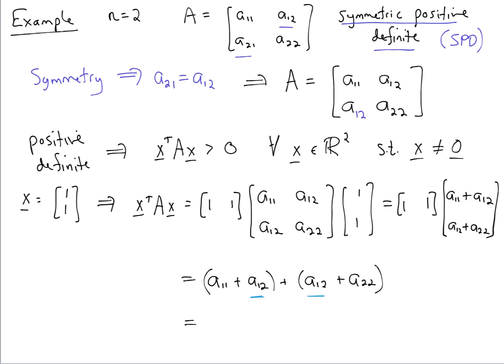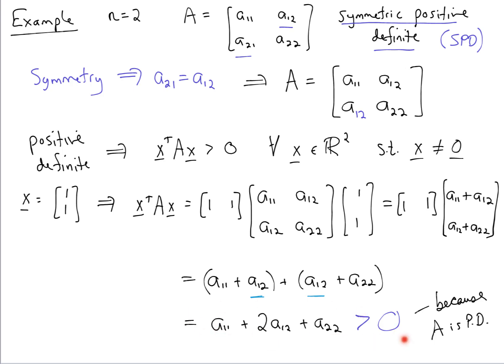But we get A11 plus 2 times A12 plus A22. And because our matrix is positive definite, this is positive. So because A is positive definite, by definition, this quadratic form for this particular value of x has to be positive.